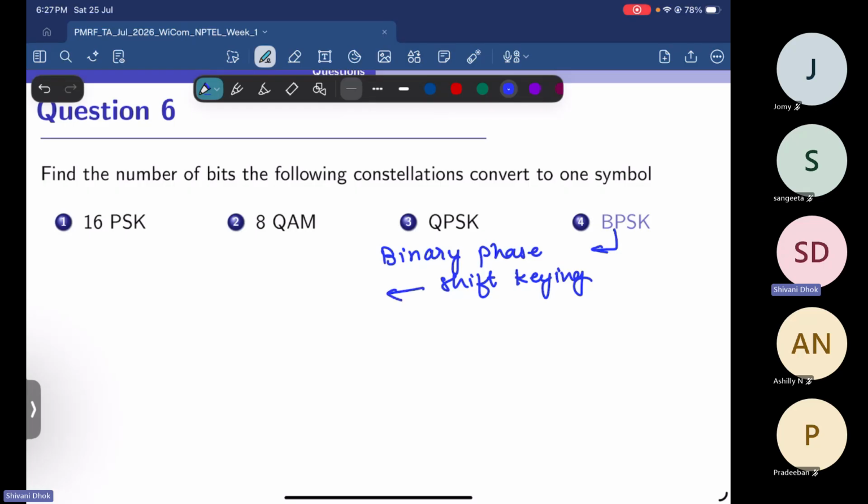For this the number of points M is 2, which is 2 to the power 1, which means you just need 1 bit to represent the BPSK constellation. So the number of bits k is log 2 to the base 2, which is 1. This is a very simple exercise, but it helps you relate how bits and constellations are related.